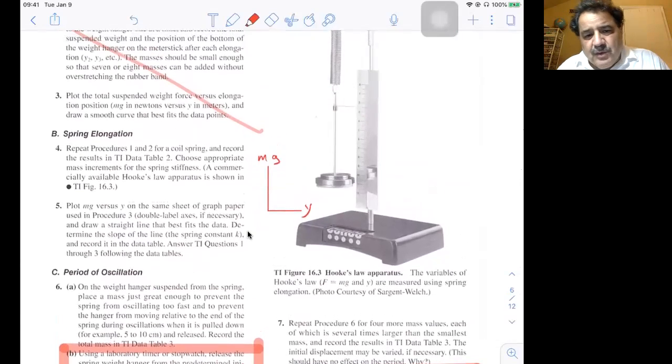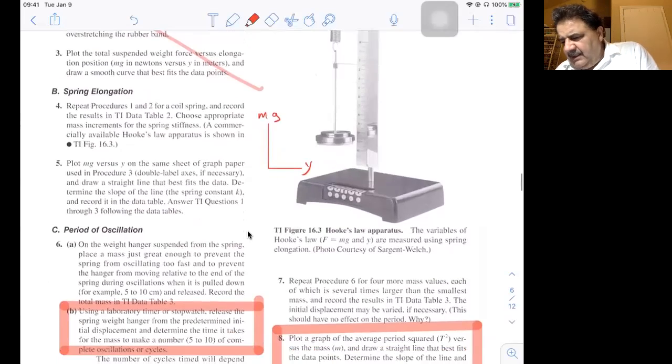Now we're doing a virtual experiment, so we're going to suspend a mass on a spring, and we're going to measure the distance displaced for more and more mass. And if we plot mg versus y, we should be able to come up with a spring constant.